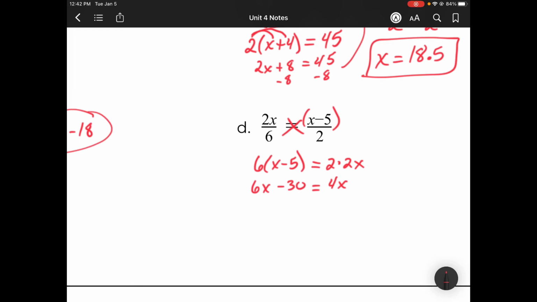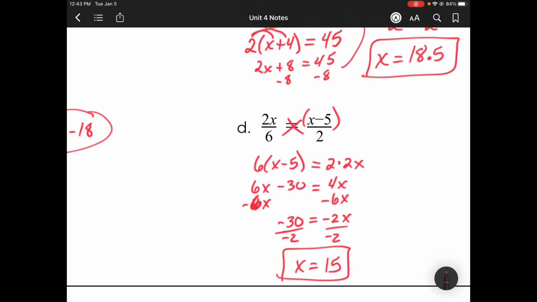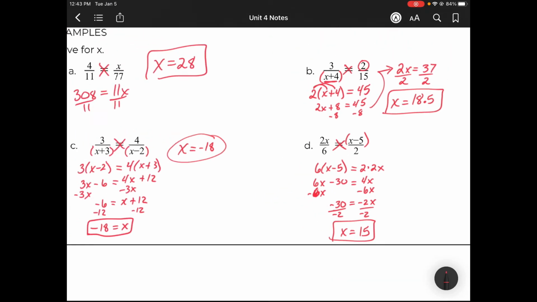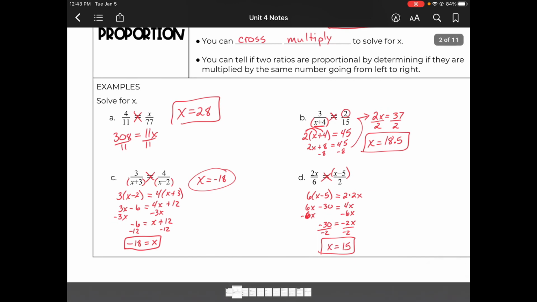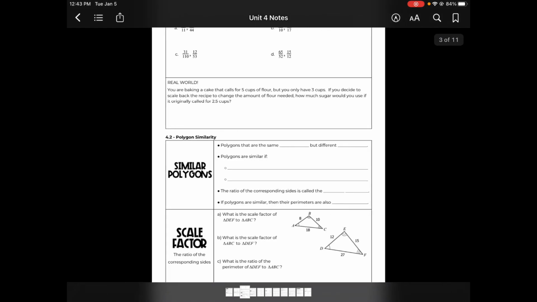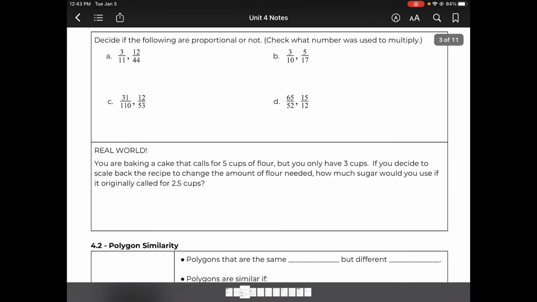We need to subtract 6x from both sides, sorry, I wrote the wrong one, so that I don't end up with nothing left on one side. We get negative 30 equals negative 2x, and dividing by negative 2 will cancel the negatives. So we get a positive answer of 15. Okay, so that's how we can cross multiply to help us solve proportions. All right, and we have just a little bit left in this lesson.